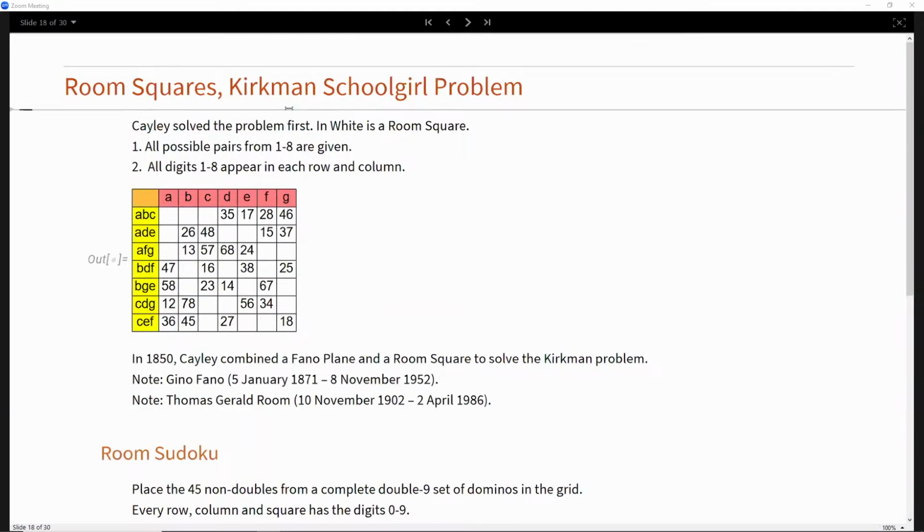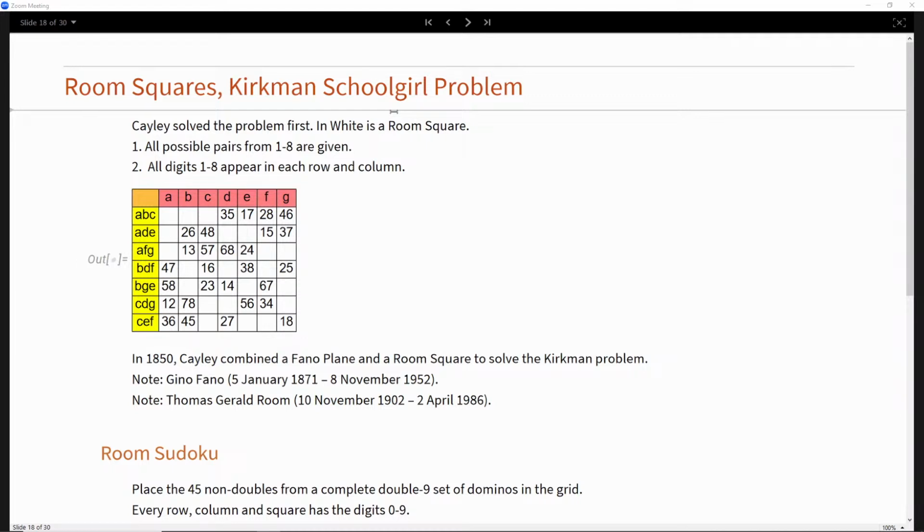Is it possible to go in the opposite direction? For example, in this column here, we've got the Fano plane. If we introduce a new concept called the room square, we can solve a larger problem. And this is one solved by Cayley, the Kirkman schoolgirl problem, which I covered in last month's talk.